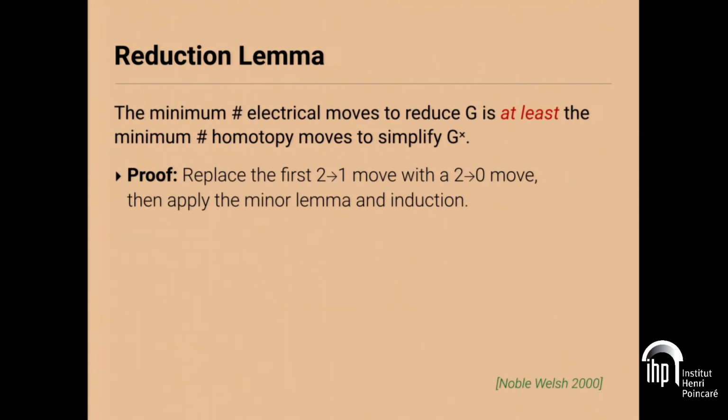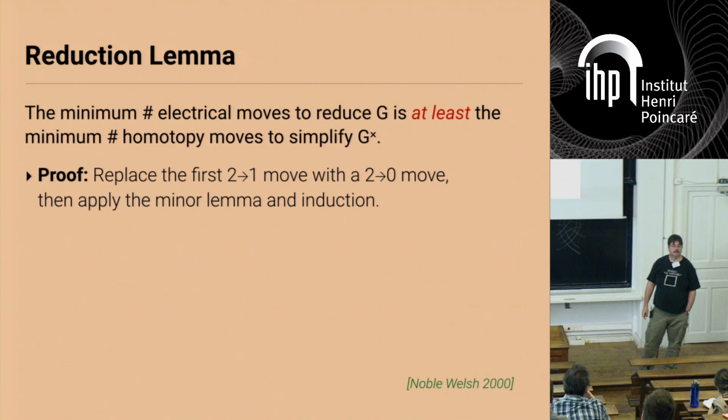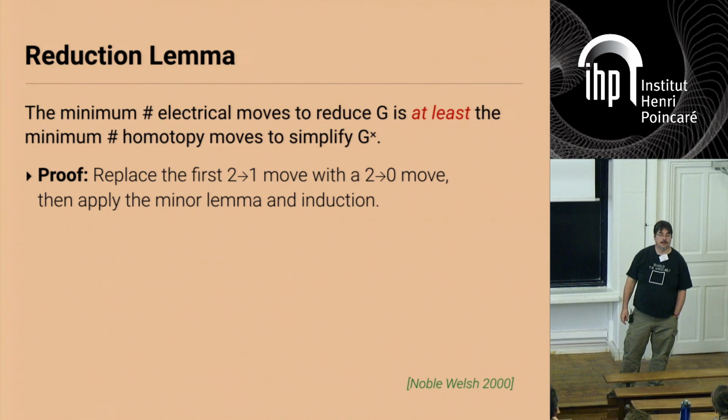Again, this really follows by close reading of a paper by Noble and Welsh, who were interested. Shen, do you remember why they were looking at this? So they're studying like 4 different types of graph reduction operations, basically theorizing the graphs, right? But then they want to understand the power of each of them. They don't really care about the quantitative bound, they just want to see if they have the ability to reduce the graph.